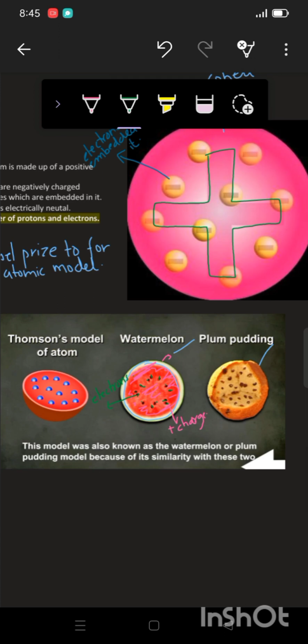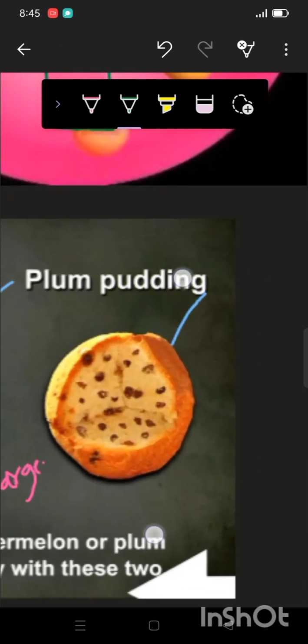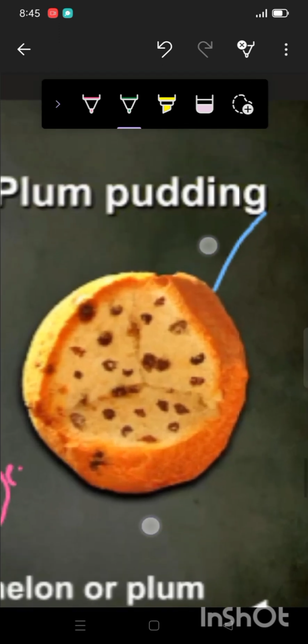So he compared his model with this watermelon. Now we are going to compare his model with the plum pudding model as well. How is his atomic model the same as the plum pudding model?